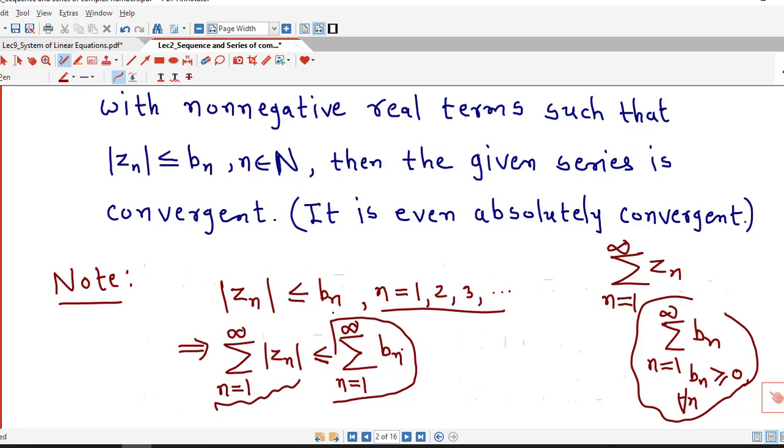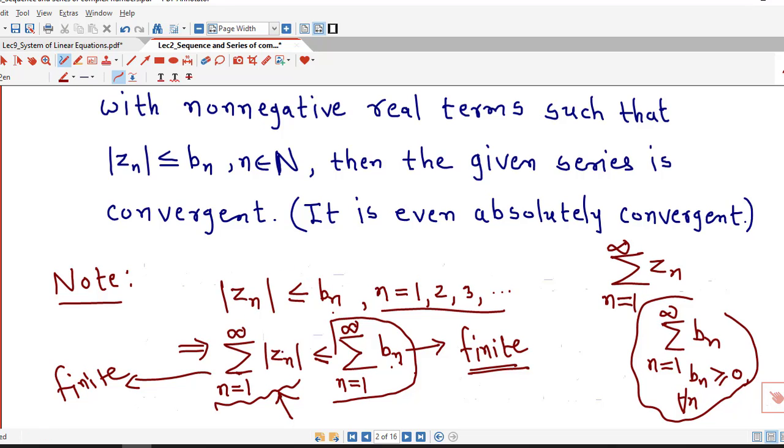Now if sigma Bn is convergent, this sum is finite and this summation is smaller than this finite sum, so this is also finite. So if the big sum is finite, the smaller sum is finite. That means if the big series is convergent, a series which is smaller than that is always convergent.